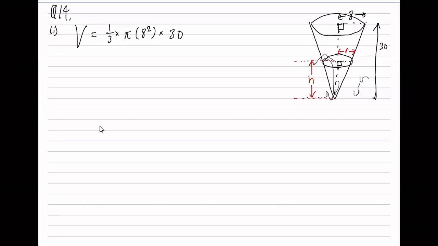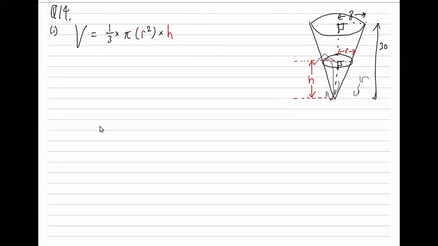Is this correct? Definitely wrong. This is the volume of the entire cone. We want the volume of the conical shaped water. So the R is wrong, H is wrong. Just give any value for R and H. You're allowed to make up your own.